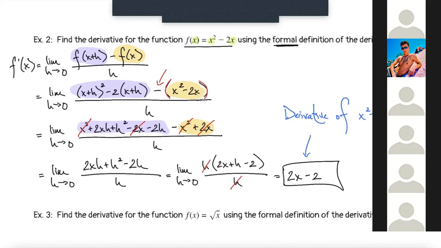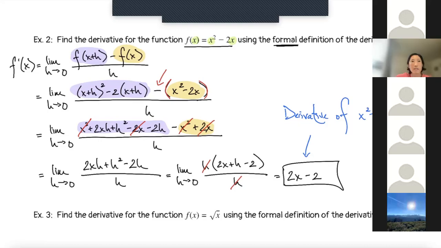I have a question, Professor. Since all of those terms are already over h, do I need to show the step where you pull the h out of the numerator? 2xh is already over h, h squared is already over h, 2h is already over h.